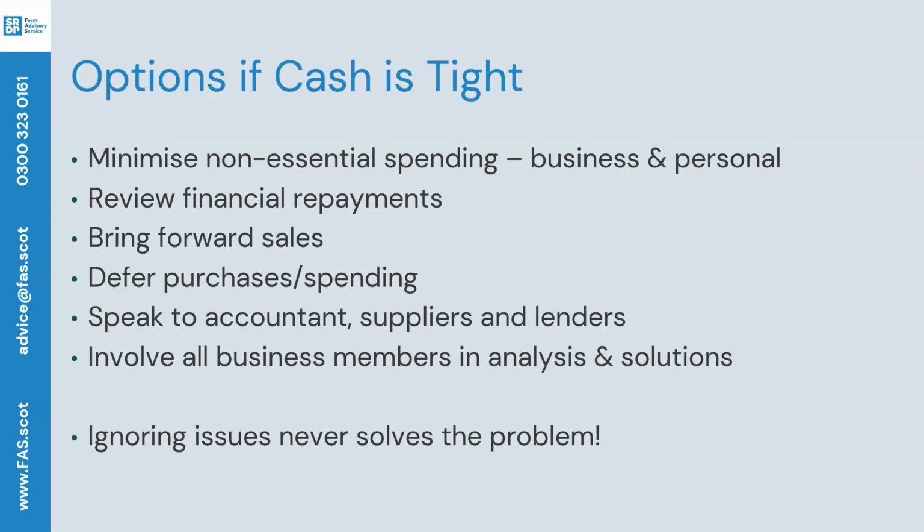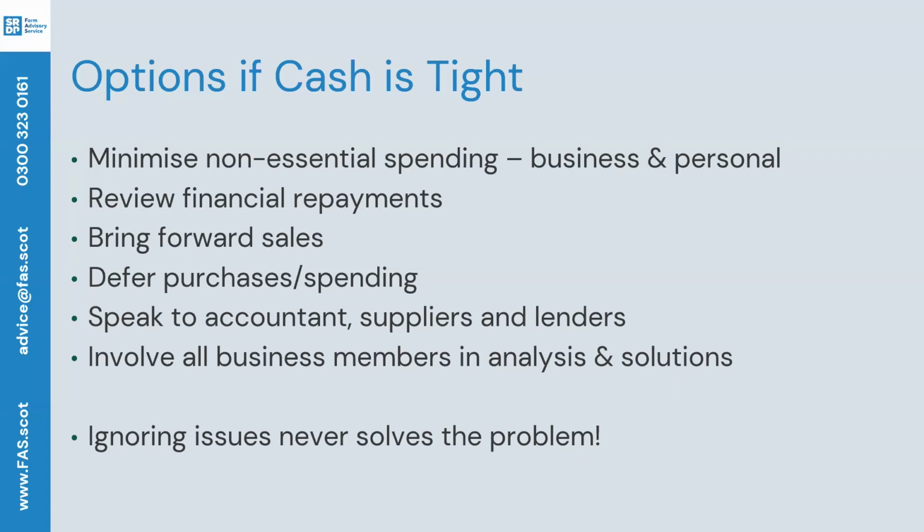It might be that you're able to bring forward some sales, whether that's selling cattle earlier or selling grain earlier, or putting off purchases or spending. You might try and utilize trade credit to put off bills for an extra month or two and just explain that cash flow is a bit tight, but that if you're given another 60 days to pay, there'll be no issue.